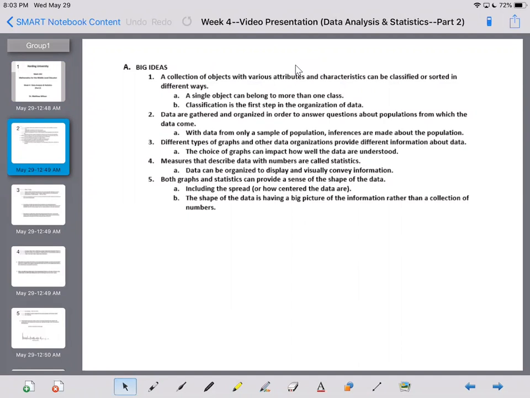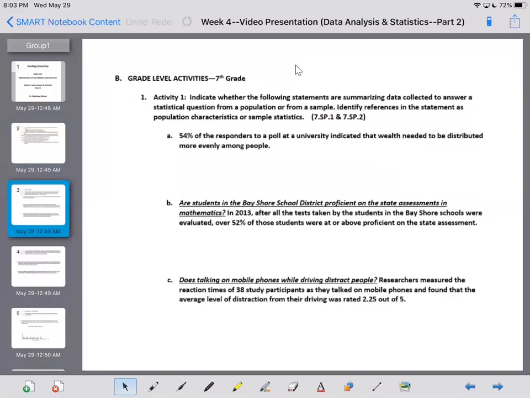So the first one, this activity, we're going to indicate whether the statements that are given, whether the answer to this statistical question comes from a population or a sample. So 54% of responders to a poll at a university indicated that wealth needed to be distributed more evenly among people.